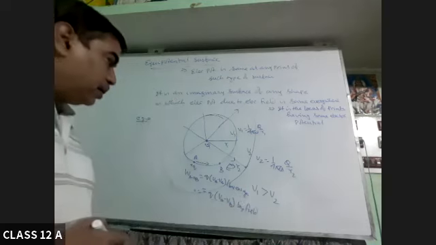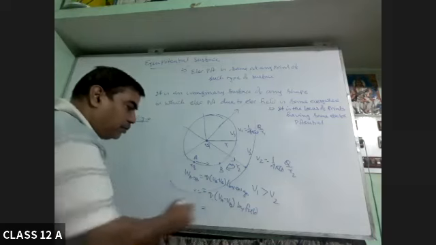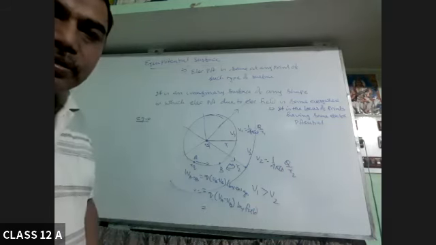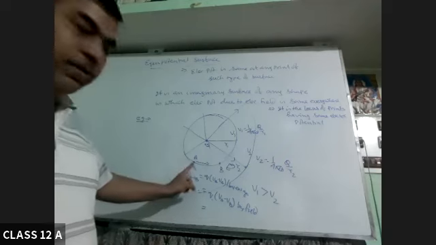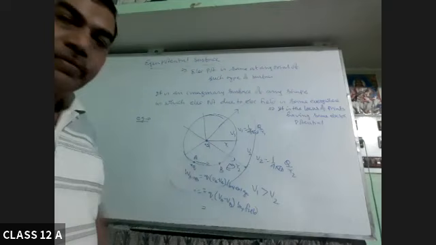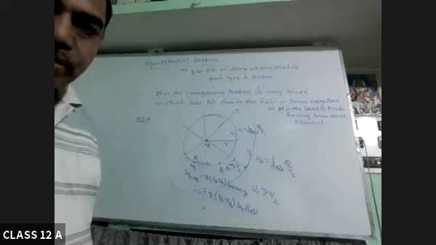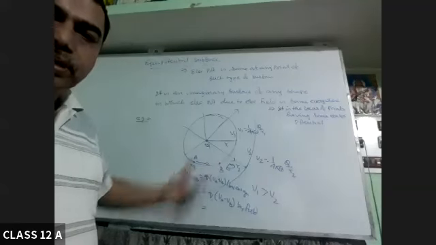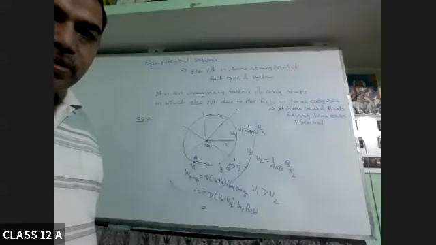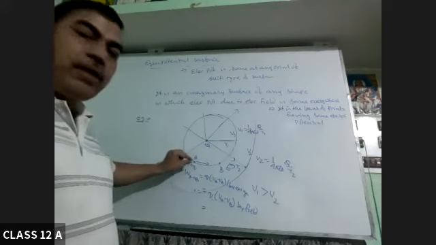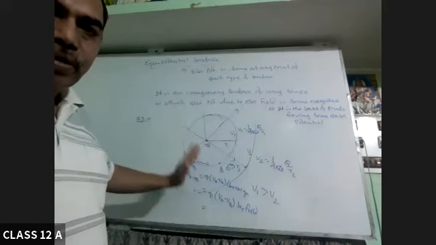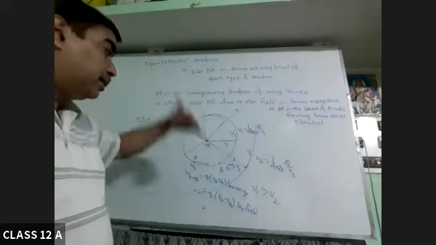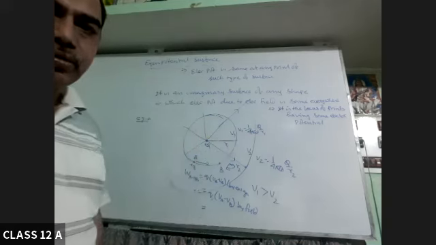Now how much work will be done when we move from A to B? It is zero. The electric potential at point A and at point B is the same. So no work will be done when we move any charged particle on an equipotential surface from one point to another.